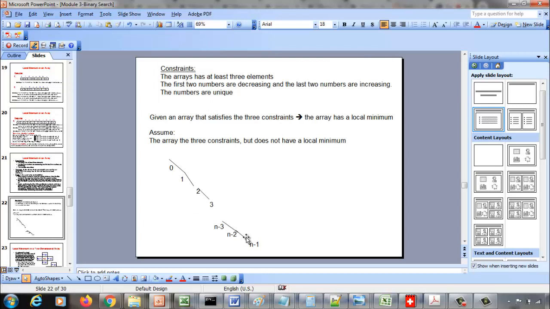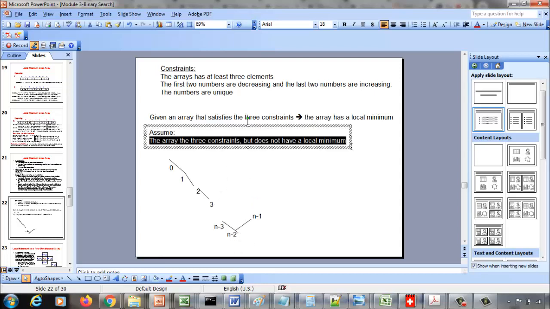So if you want to maintain that condition to be satisfied, then the element at index n minus 1 should be greater than the element at index n minus 2. Then the element at index n minus 2 becomes a local minimum, and that's a contradiction to our assumption that even if the three conditions are satisfied, the array does not have a local minimum. So that's proof by contradiction.